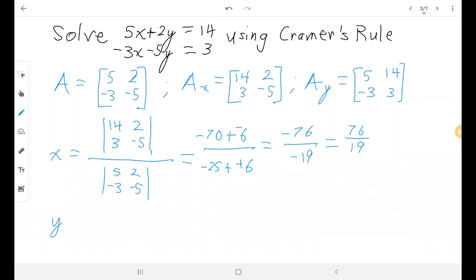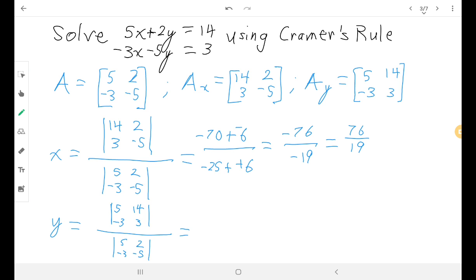And then y is equal to the determinant of A sub y, which is this matrix right here, over the determinant of A again, and again, I'm using this notation because Edgenuity likes to jump back and forth and sometimes use this notation.